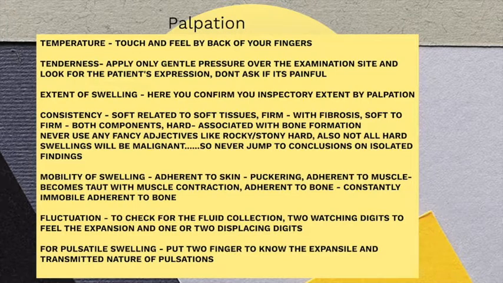If the swelling is pulsatile, then we have to place two fingers over the swelling. If the space between the fingers is increased with the pulsation of the swelling, then the swelling is expansile. However, if the fingers are in same position and there is no increment in the space between those two fingers, still the pulsations are visible, then that means those pulsations are transmitted ones.